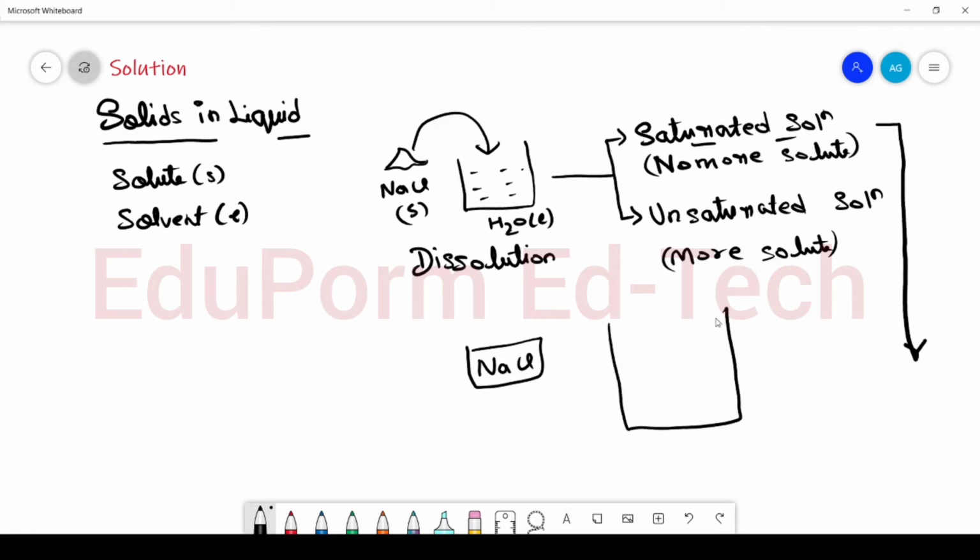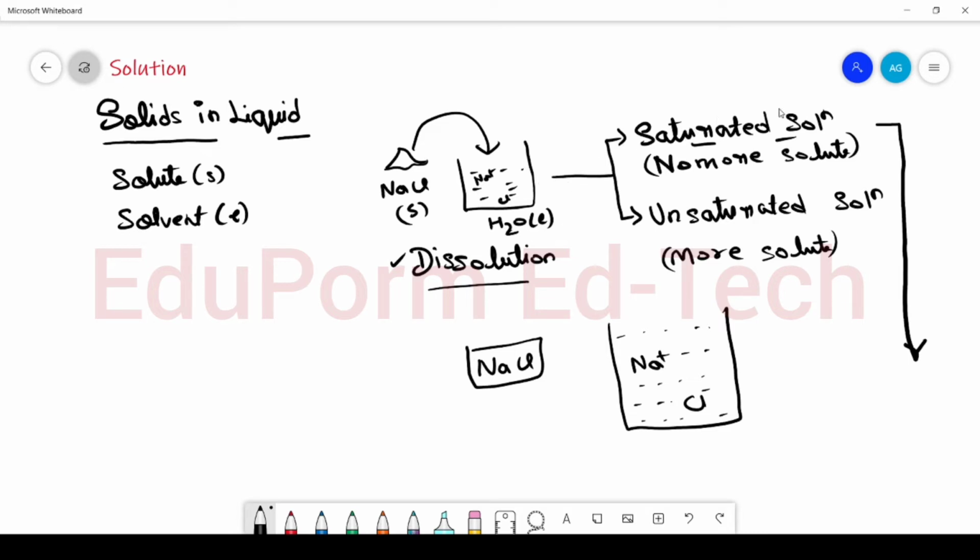That means the aqueous Na+ ion and the aqueous Cl- ion, which are present in the brine solution, or we can say saturated solution formed by dissolution. Okay, so when I am adding NaCl in water, what is happening? Dissolution is happening, and in case of dissolution, NaCl is getting converted into Na+ and Cl-, and these ions are dissolved in the H2O. That means dissolved in water to form solution called brine solution.